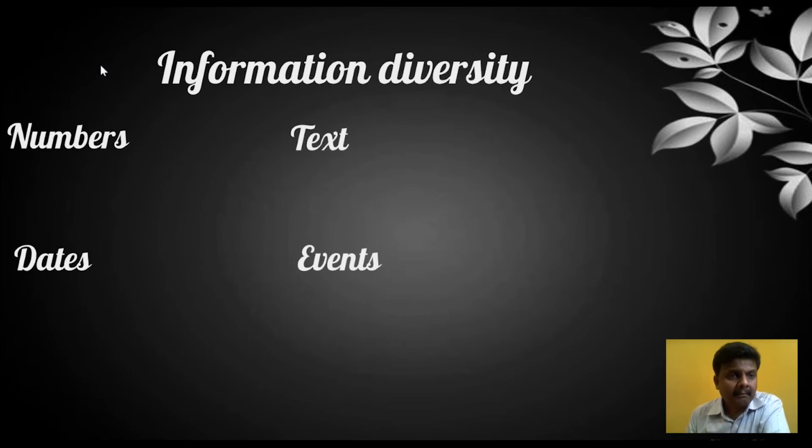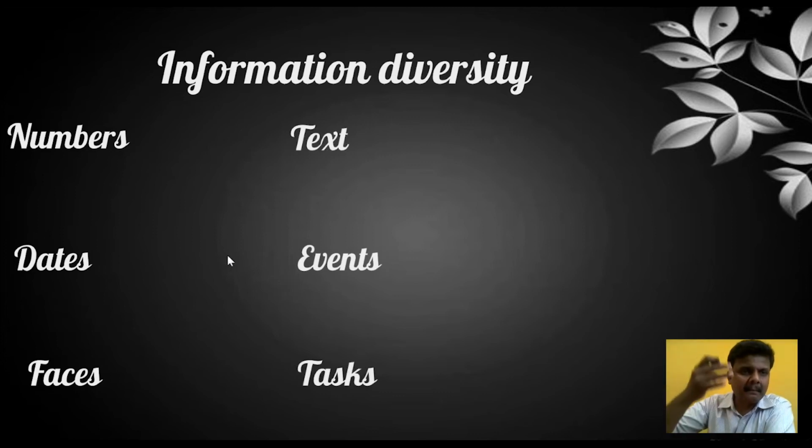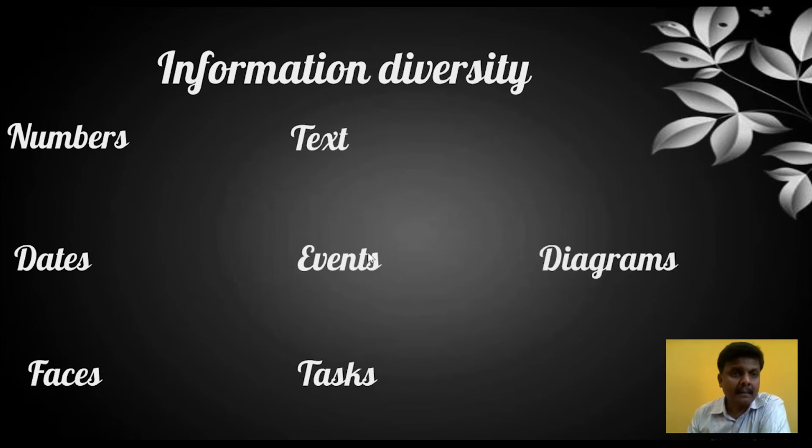When you are speaking about a date, it is a number. Then events, text, faces, people. Then tasks, lists, tables, diagrams or images. These are the different ways in which information is present. And even when you're in your studies, it applies as well, correct?